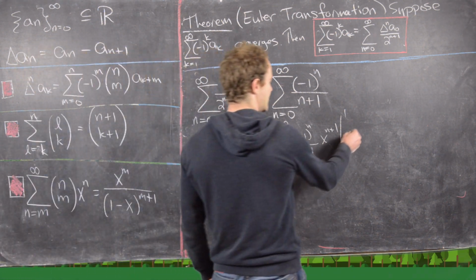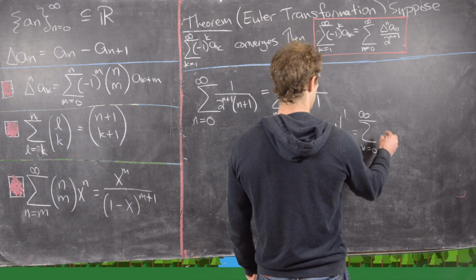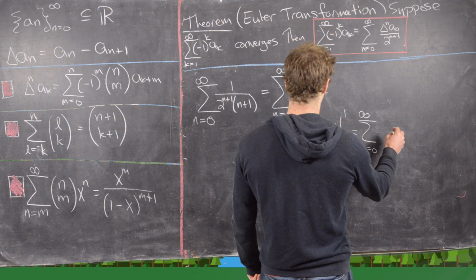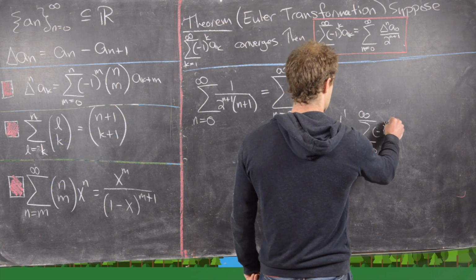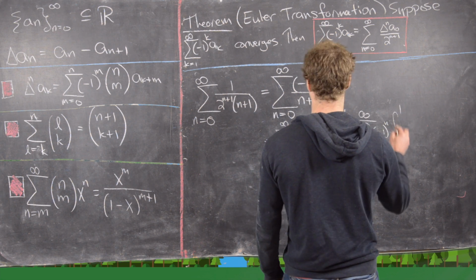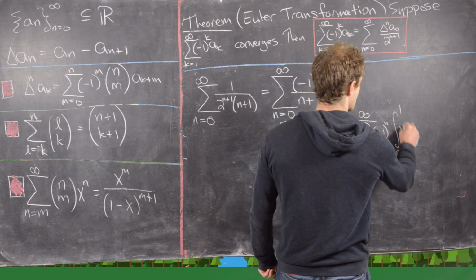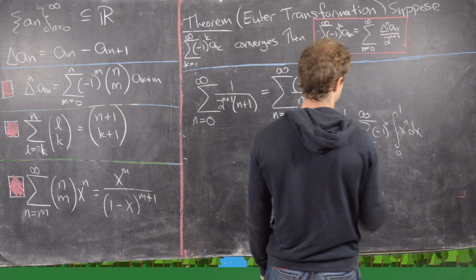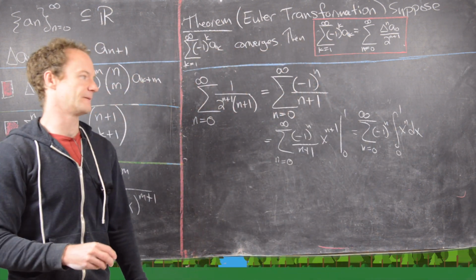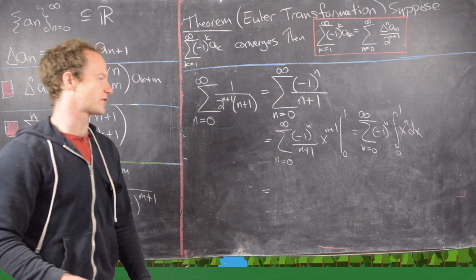But we can see that that is the same thing as the sum from n equals 0 to infinity of minus 1 to the n times the integral from 0 to 1 of x to the n dx.